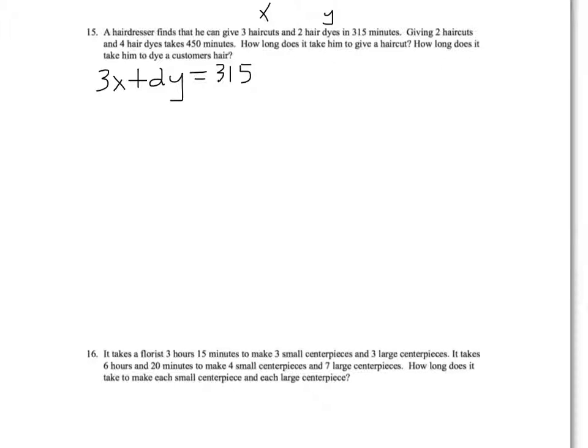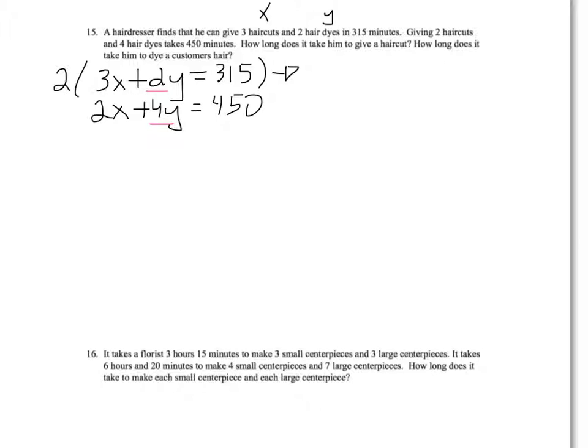The second equation was 2 haircuts, so 2x plus 4y equals 450. I recognize that I have a 2y and a 4y. If I just multiply the top equation by 2, I will then have the same number of y's.